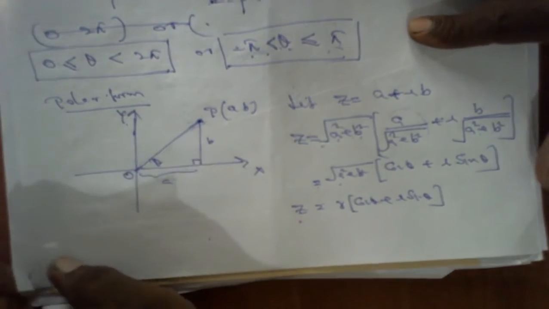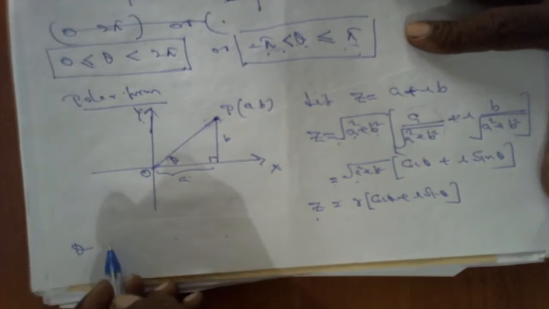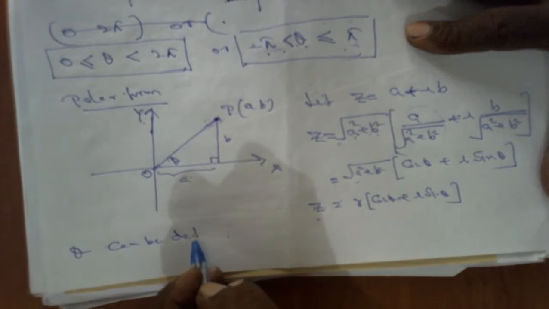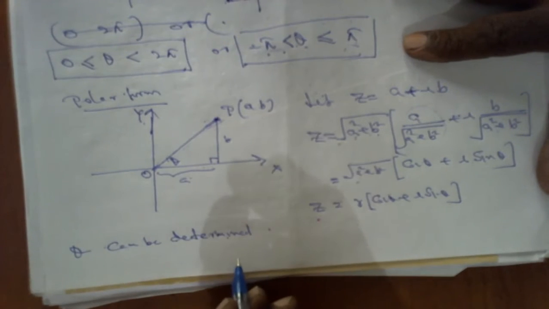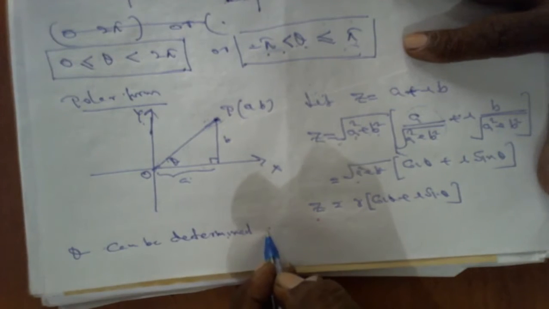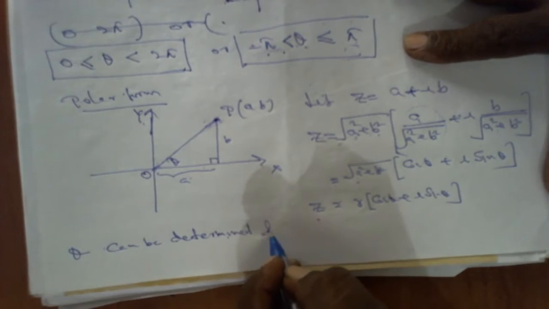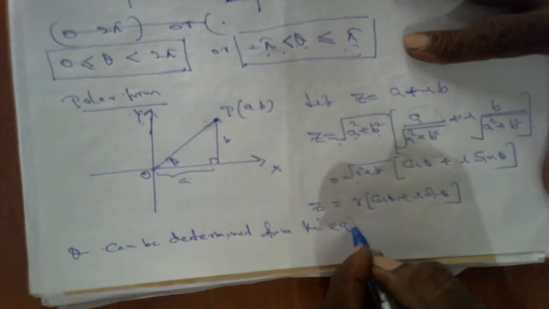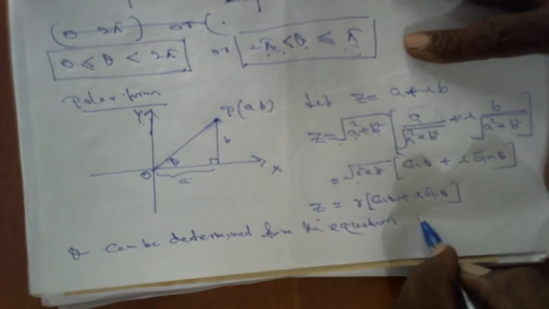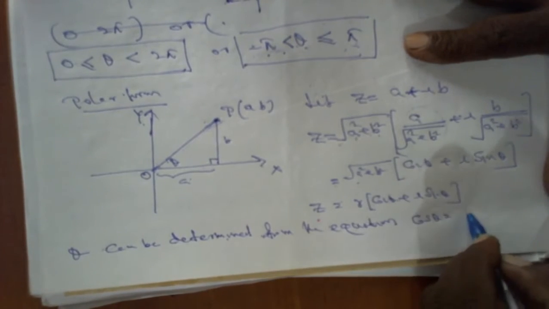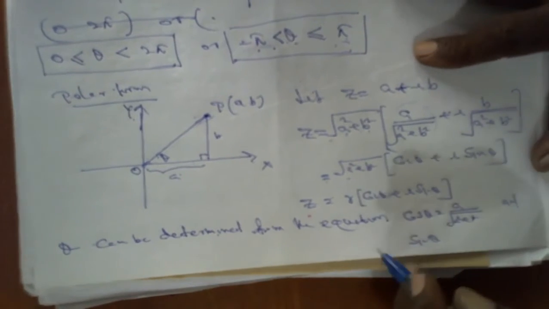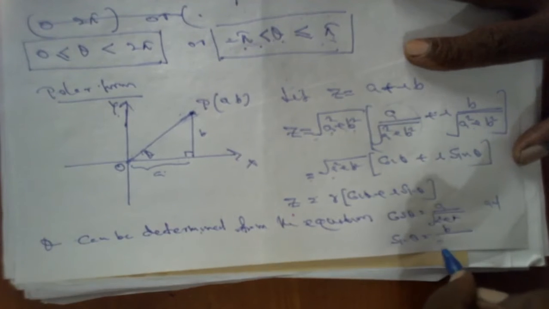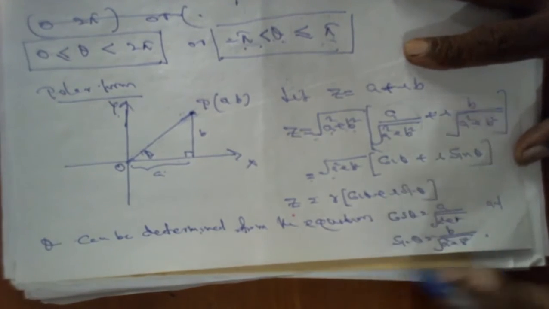So theta can be determined from the equations cos theta equals a over the square root of a squared plus b squared, and sin theta equals b over the square root of a squared plus b squared, like this.